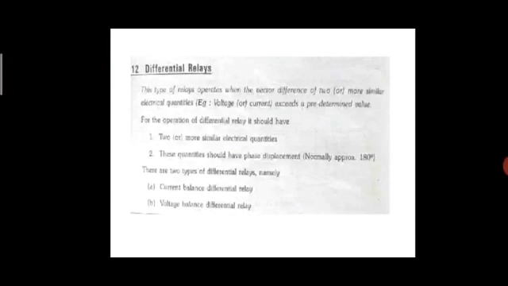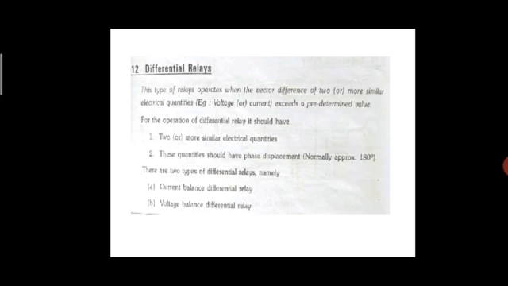Next one, differential relays. This type of relay operates when the vector difference of two or more similar electrical quantities, for example, voltage or current, exceeds a predetermined value.